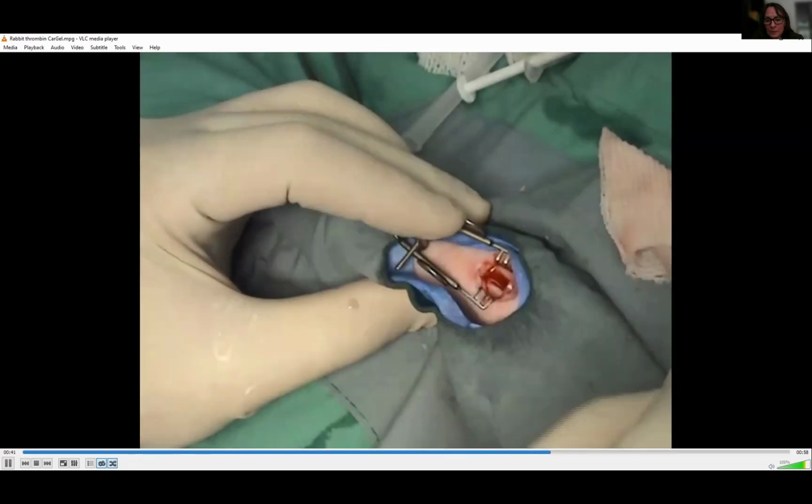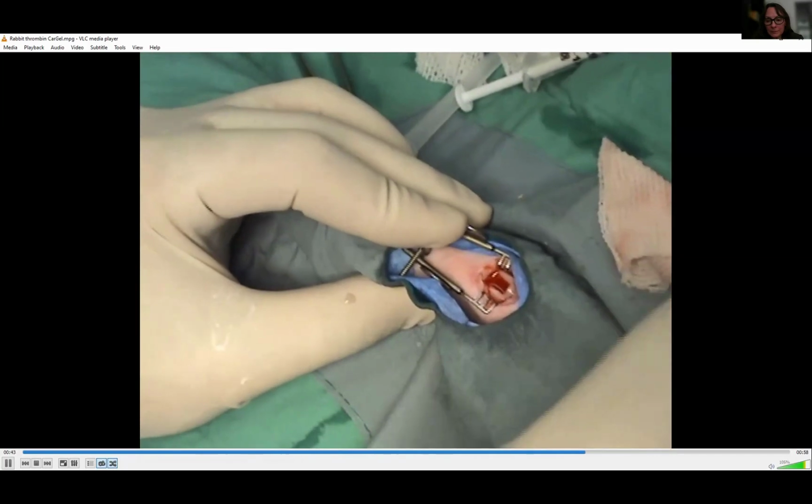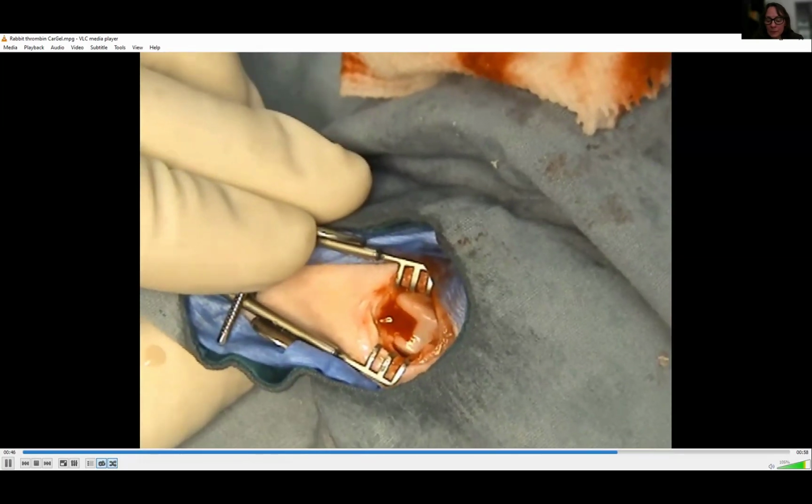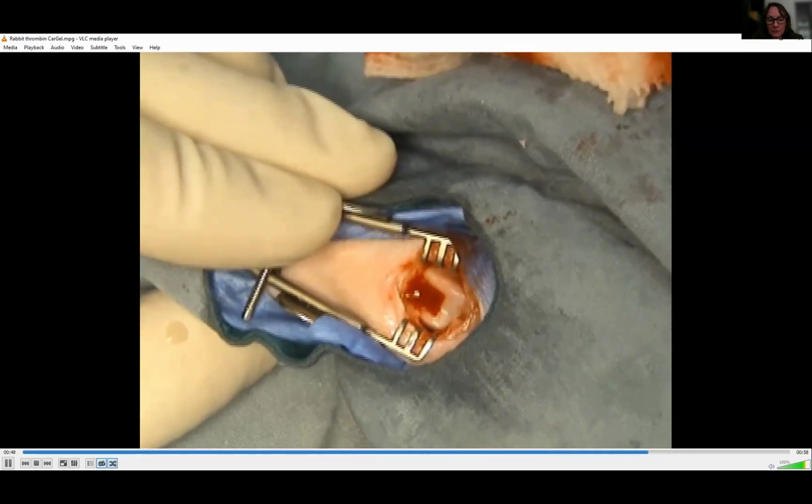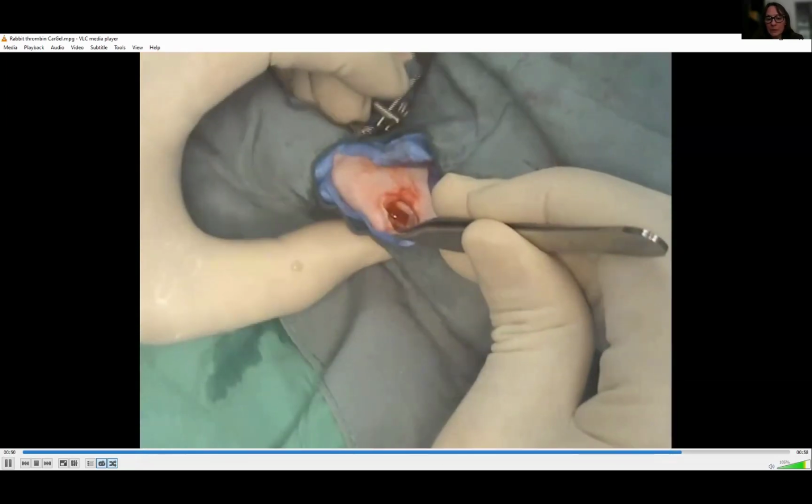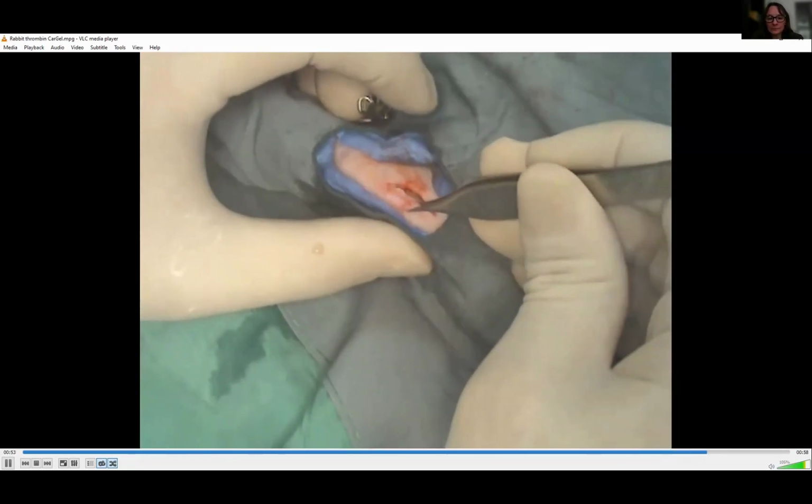So it solidifies in situ, and it's actually quite rapid, maybe just less than a minute. And the bleeding from the subchondral bone also stops.